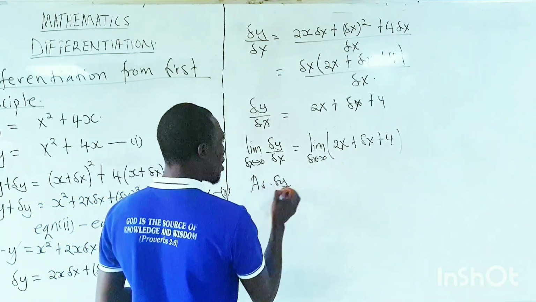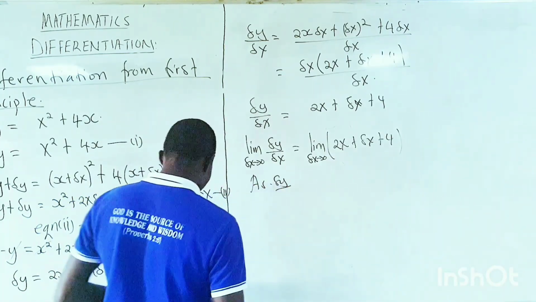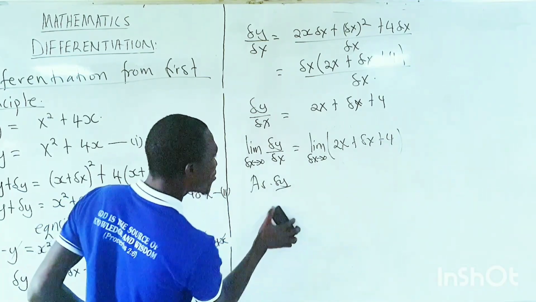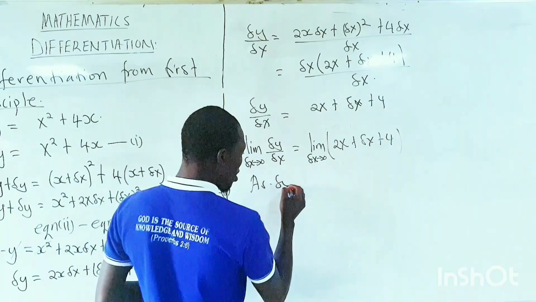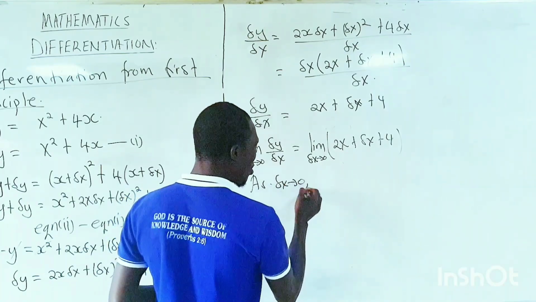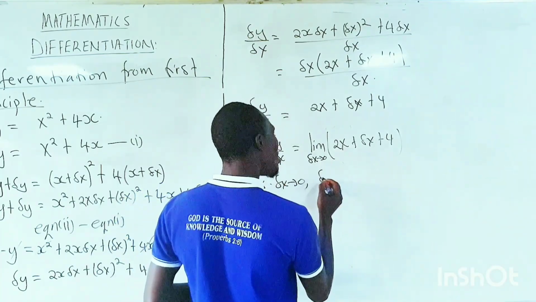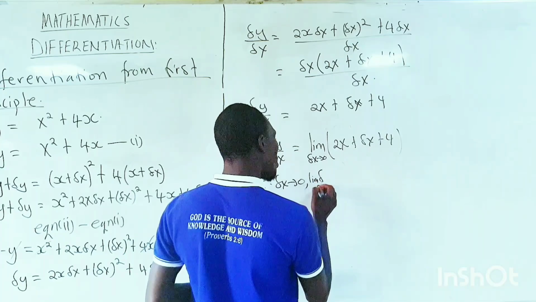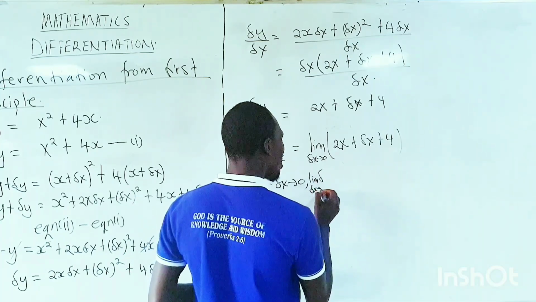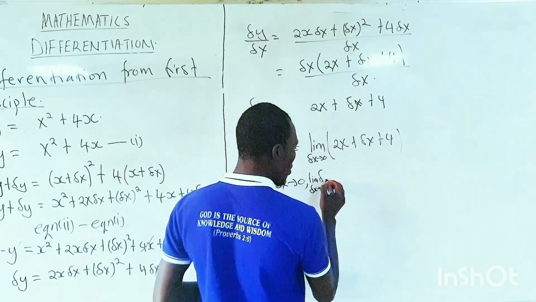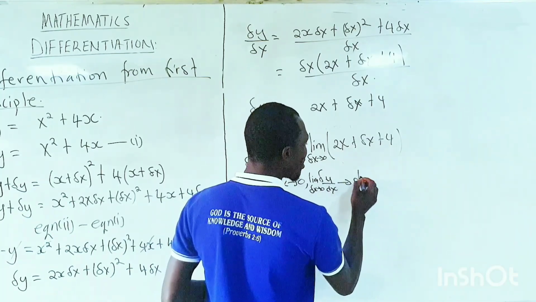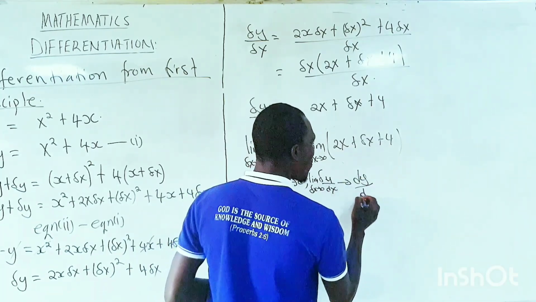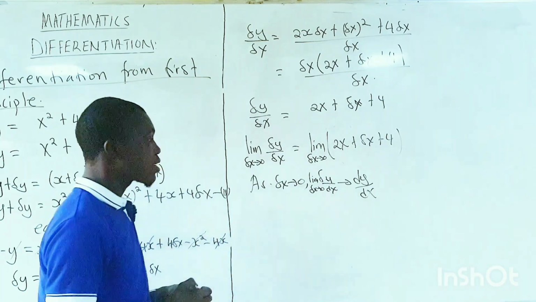Now what we know is that as delta x approaches 0, the limit of delta y over delta x becomes dy over dx.